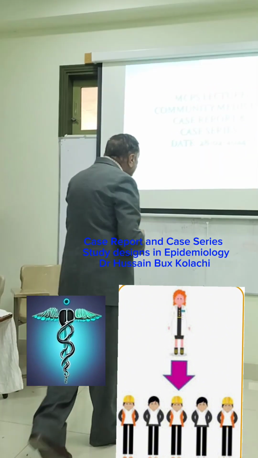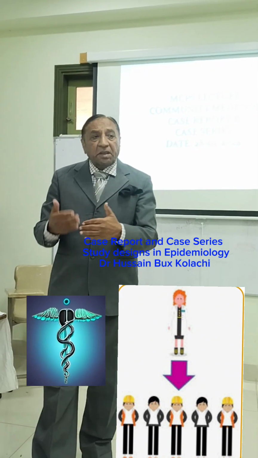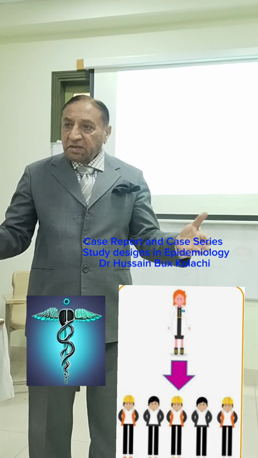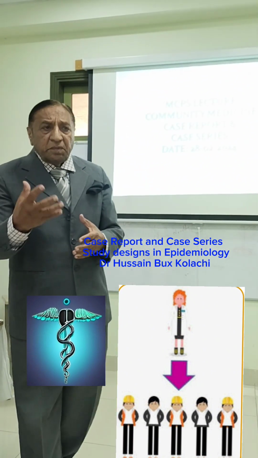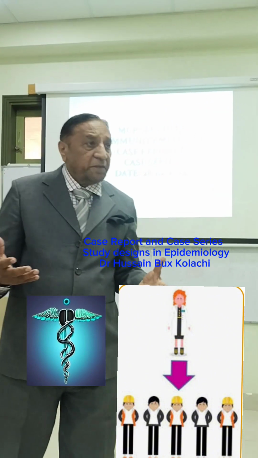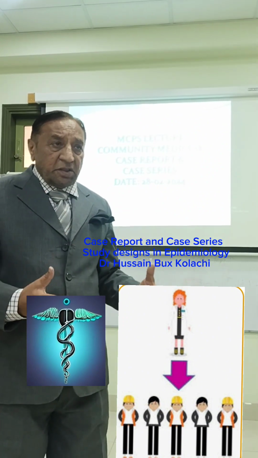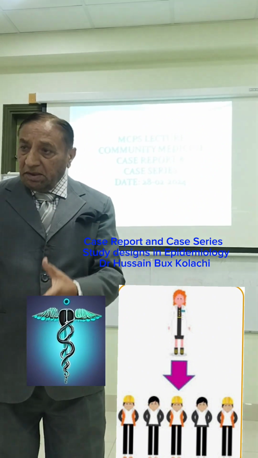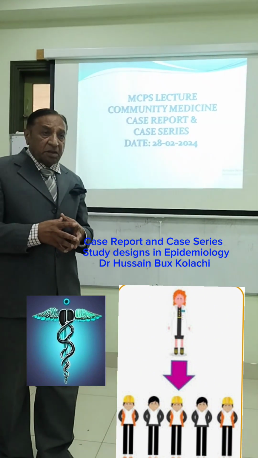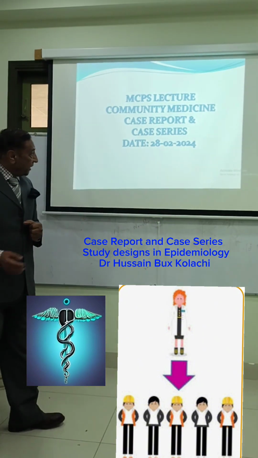So we will discuss this, and then more cases, then it becomes a case series. 5, 6, 7, 8. So this is the way the medical and even the scientific community is analyzing the data, the situation, the condition, and the terms used are case report and case series, which is the topic of today. Next please.